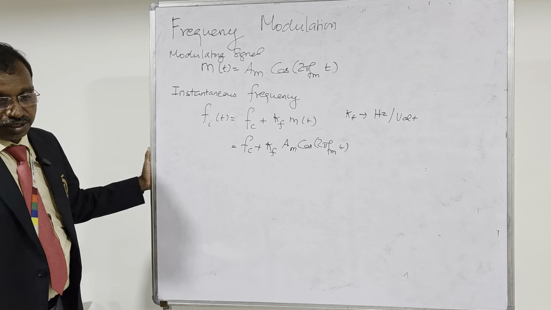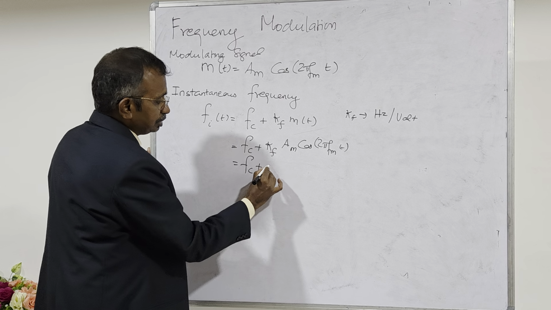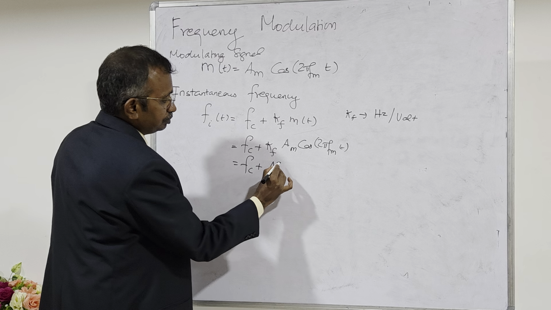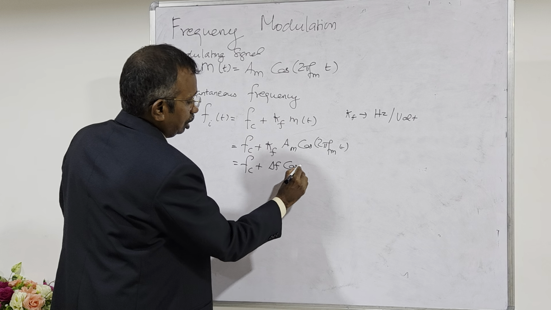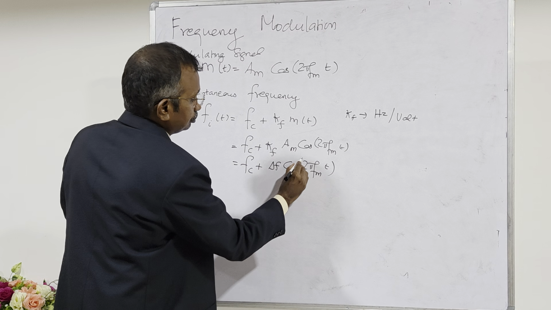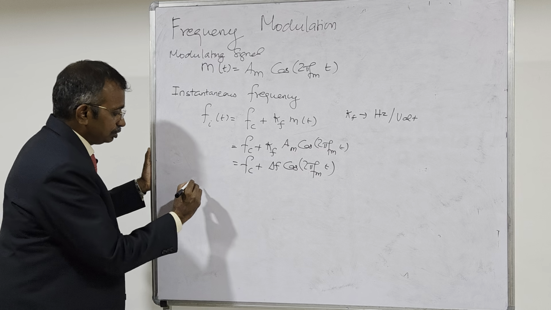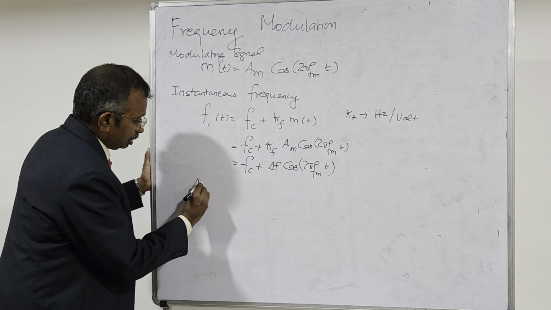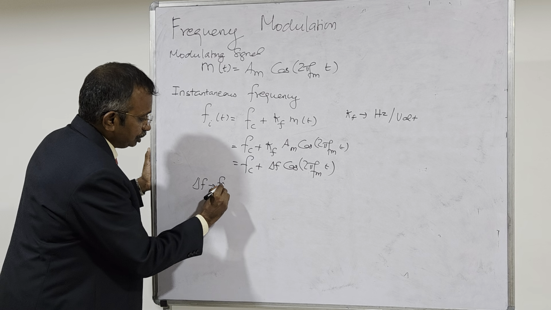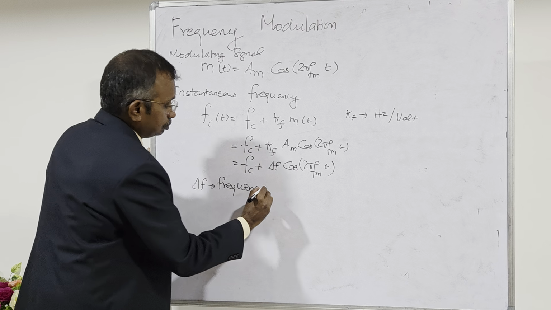Then I can write this as Fc plus del f into cos 2 pi fm t, and del f is called the frequency deviation.